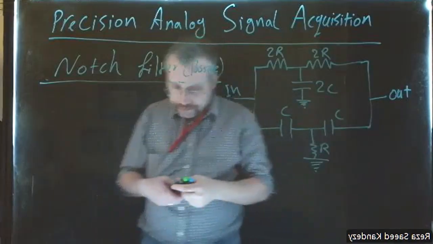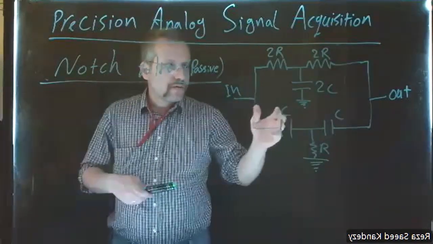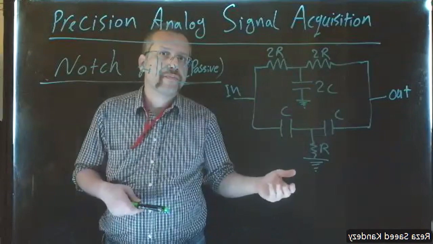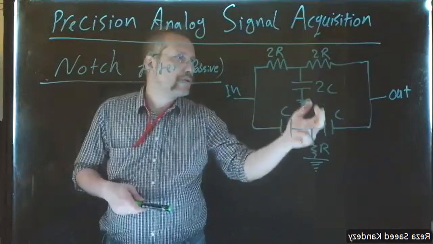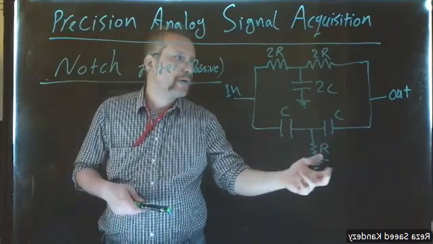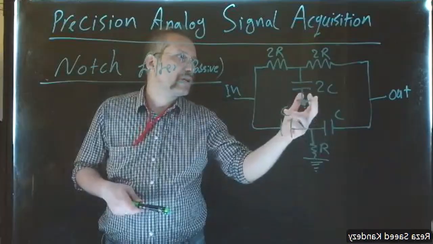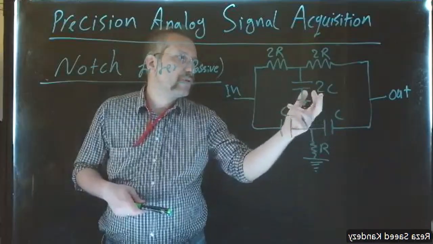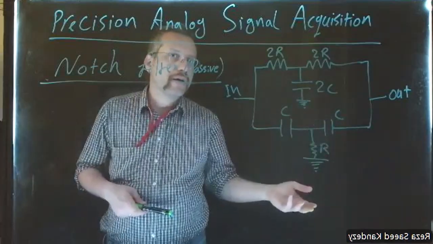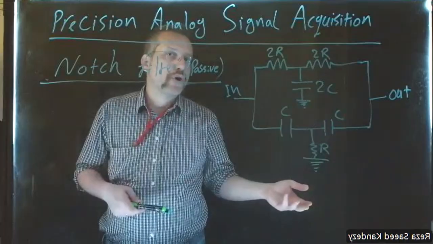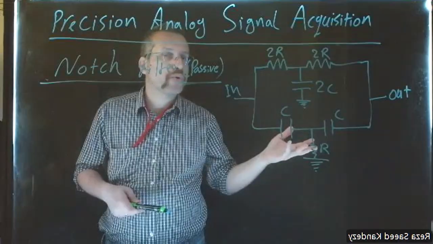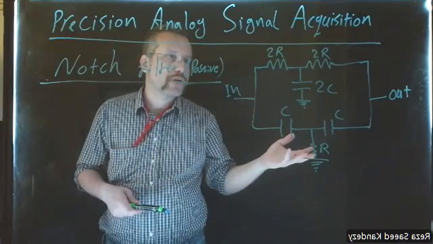Now how to design this is very simple. You can see that the structure of the passive notch filter is such that you can use the relation between the capacitors in order to simplify the formula for the cutoff frequency. I'm not going to bother you with all the mathematical derivation.